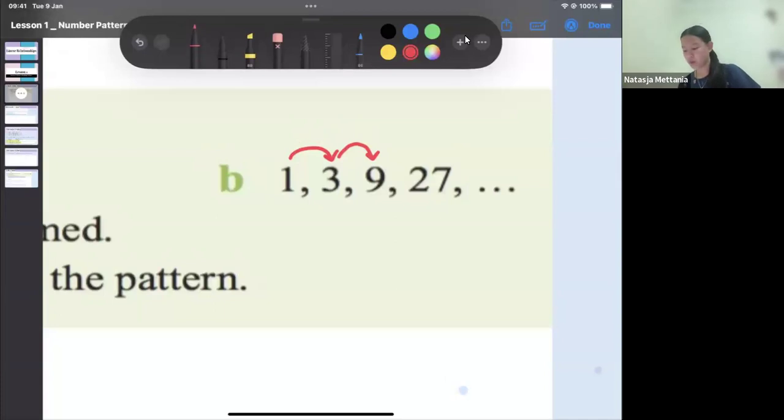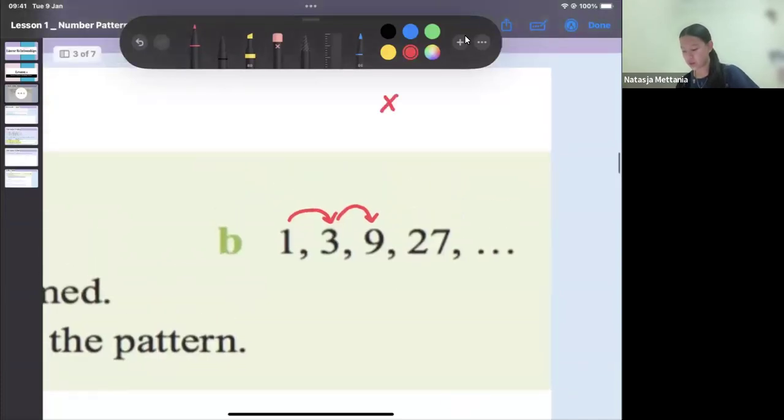When you're figuring out patterns, you can use only the following operations. You can only use multiplication, division, addition, or subtraction. It can be a combination of them, but it has to be one of those 4 operations. Now, you can see that it's increasing, from 1, 3, 9, 27. It gets bigger and bigger and bigger.